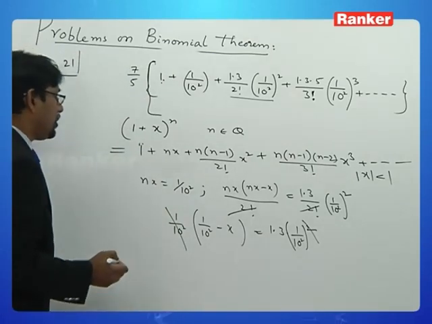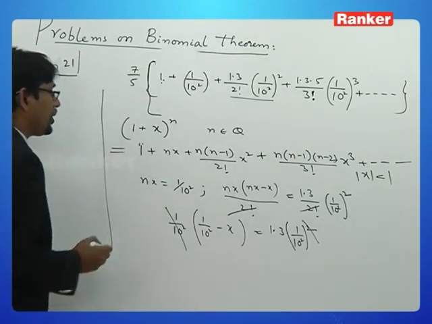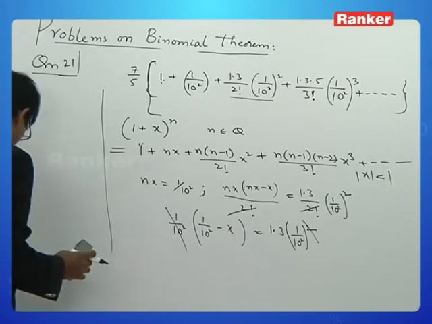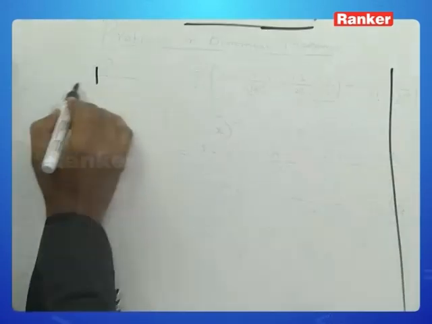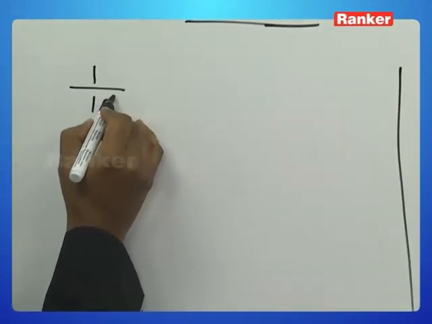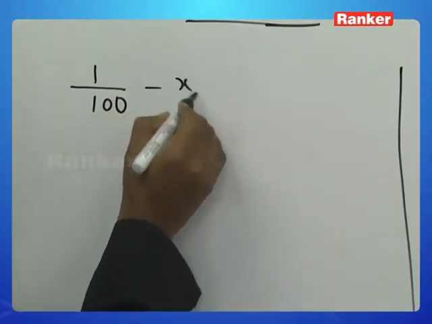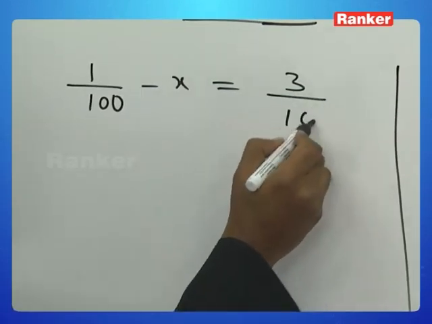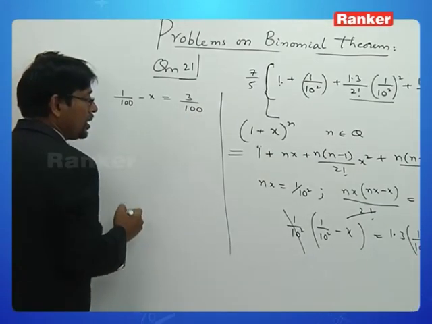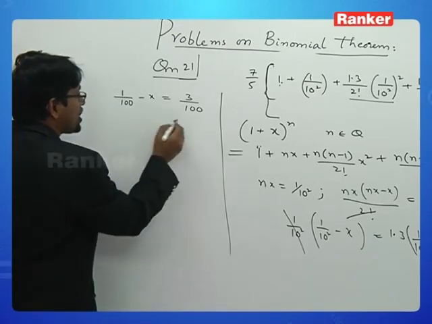So, what do we have here? We have here, okay, 1 by 100 minus x is equal to 3 by 100. So, 3 by 100 there. So, what does that make it?